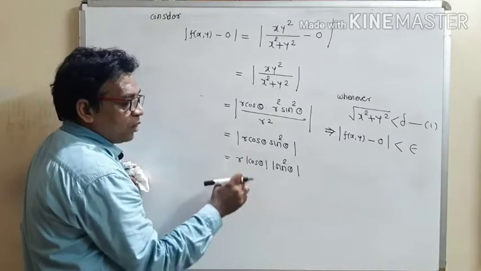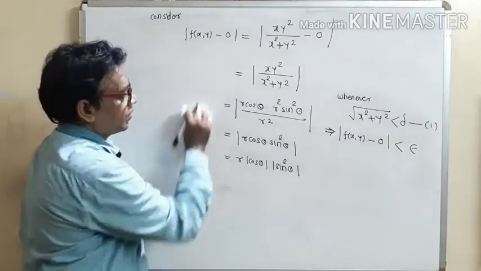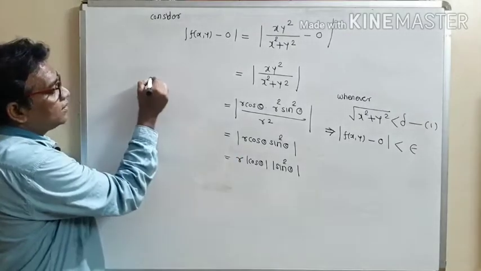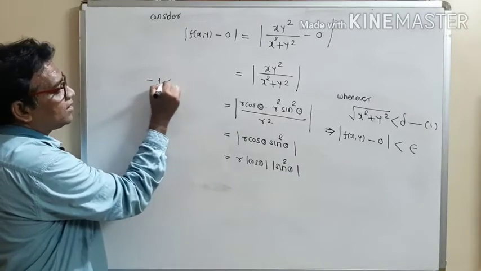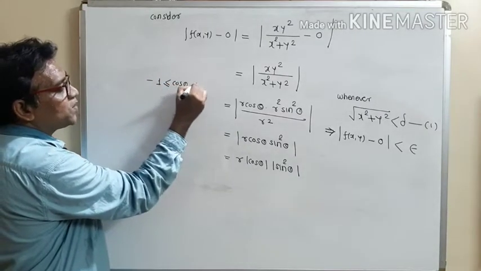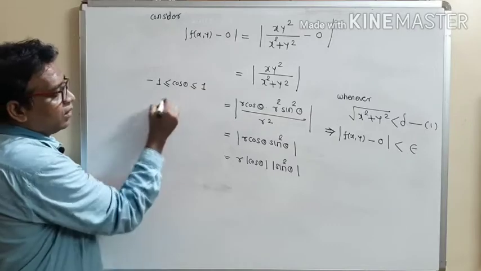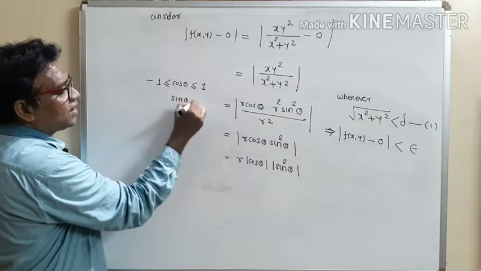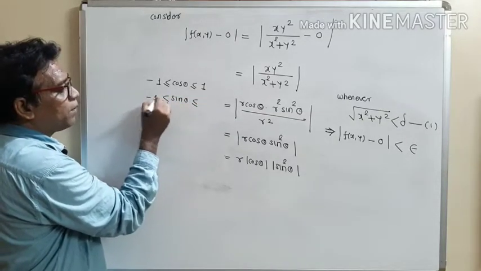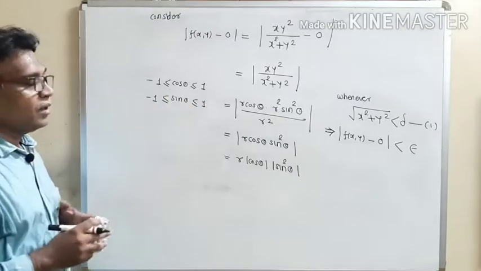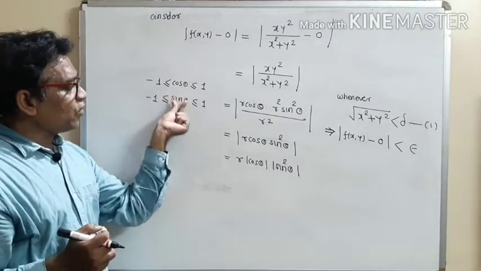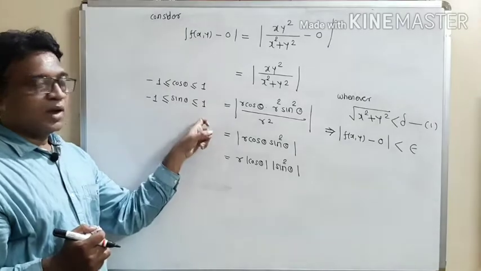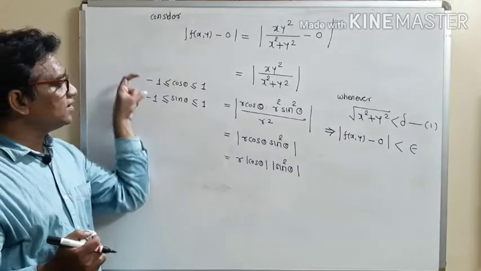Now we use the maximum value. We know that cos theta lies between -1 and +1, and the value of sin theta again lies between -1 and +1. The maximum value for cos theta and sin theta is 1, and the least value for cos theta and sin theta is -1.